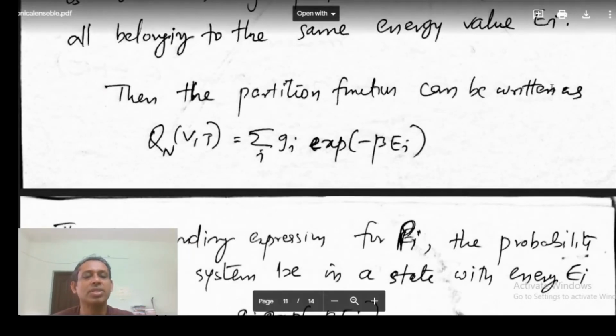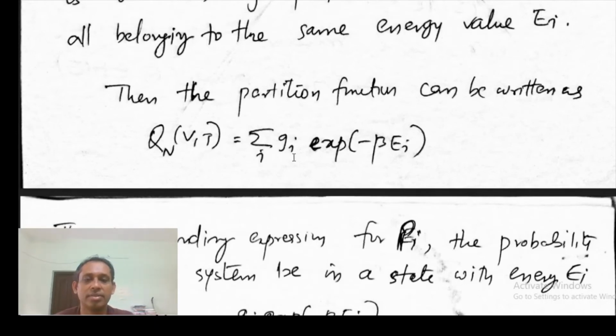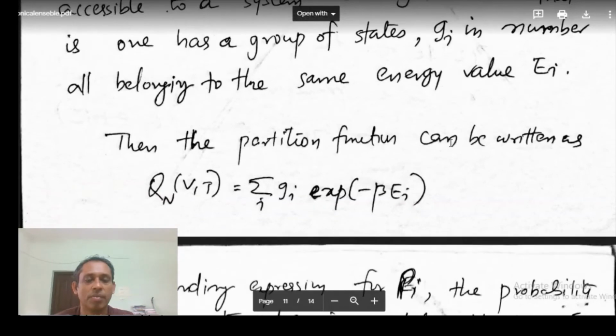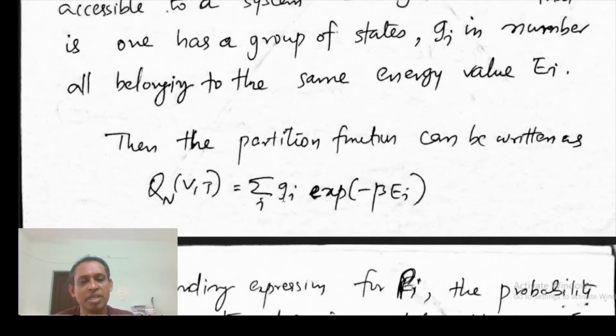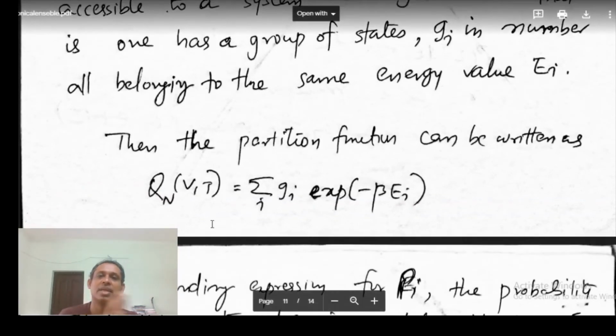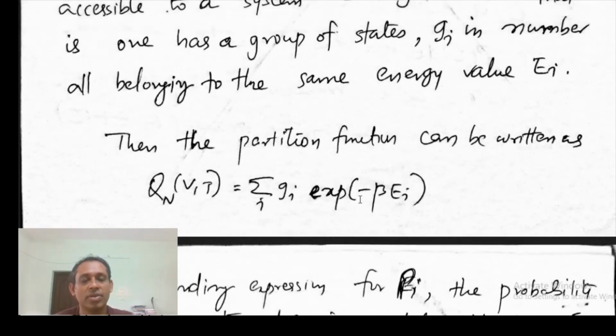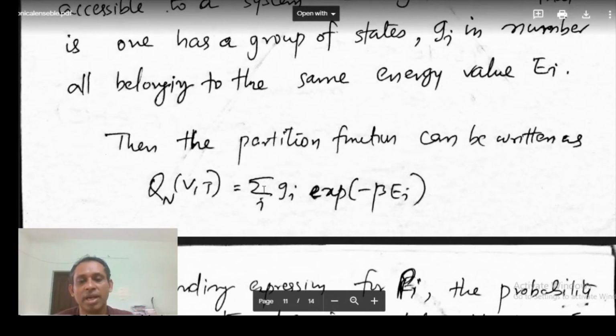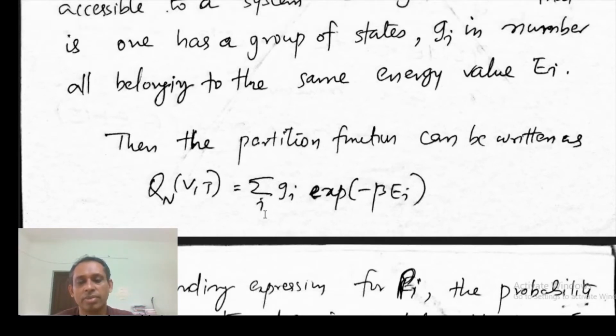Then the partition function is written in this form: sigma i g_i exponential minus beta E_i. Here I am simply multiplying by g_i, because for all these g_i states this factor will be the same, their energy values being the same. So I am taking the sum over the different energy levels, not the sum over different states.